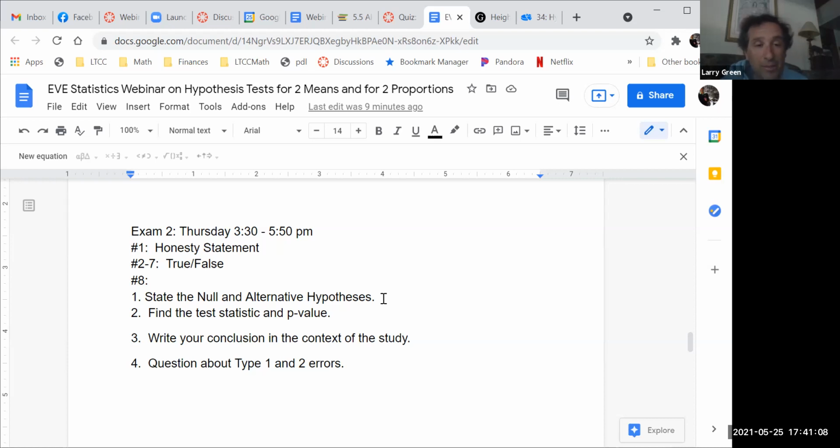And you should know some of the symbols, okay? What are some of the symbols that you know are going to be the answer to question 1? There'll be points just for those symbols. Every null and alternative hypothesis has those symbols. So what symbols will you know are going to be there? Hopefully you all know.